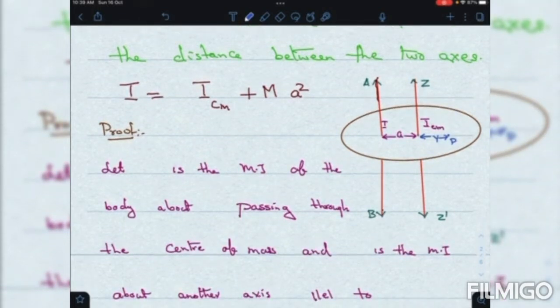Let ICM be the moment of inertia of the body about the Z prime axis passing through the center of mass, and I is the moment of inertia about another axis AB, parallel to Z prime.